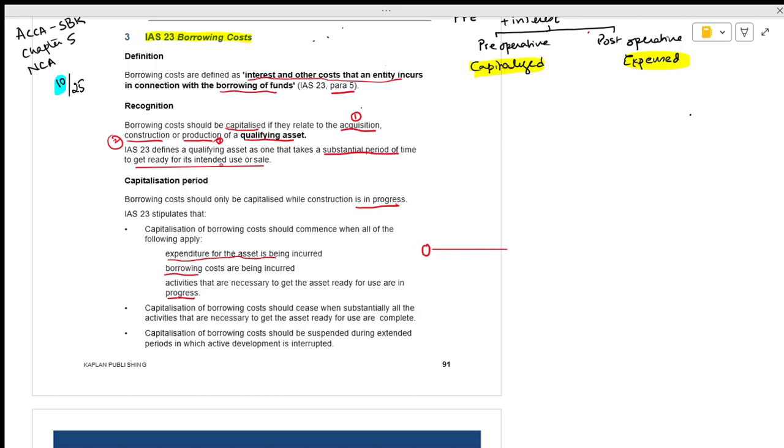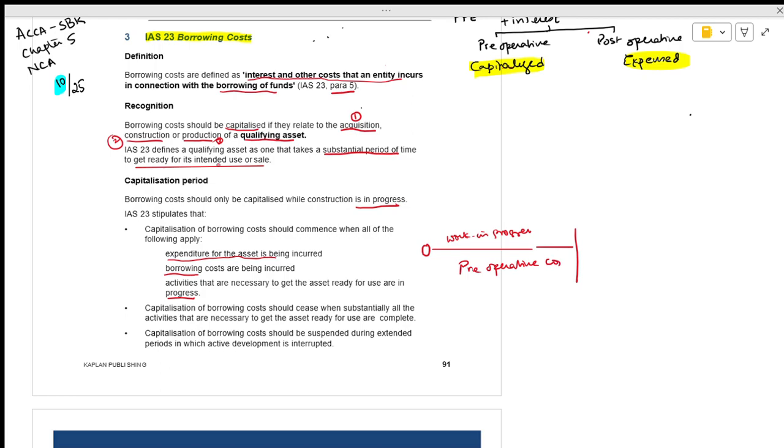Before it is finished, this period is entirely work in progress. You are getting the required machinery, your installation is in progress. That amount has to be kept separately.